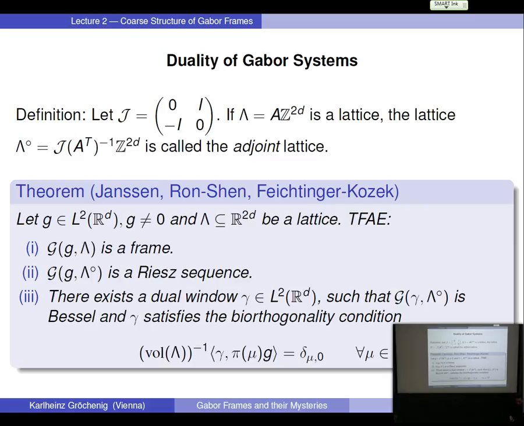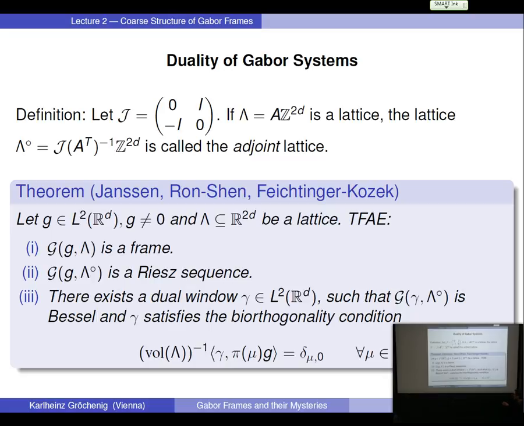Take a non-zero L2 function g, and lambda a lattice in time frequency space. Then the following three statements are equivalent. The Gabor system with window g and lattice lambda is a frame. Equivalently, the Gabor system with the same window and adjoint lattice is a Riesz sequence. And the third condition is the biorthogonality condition.